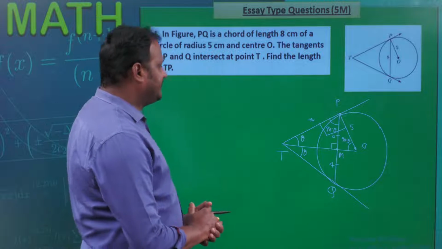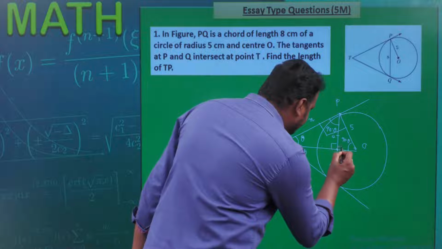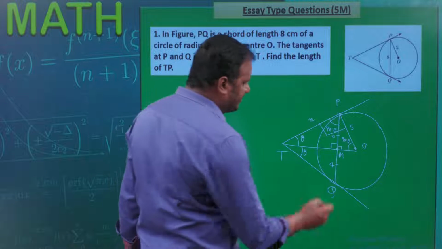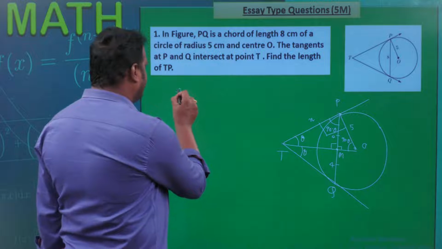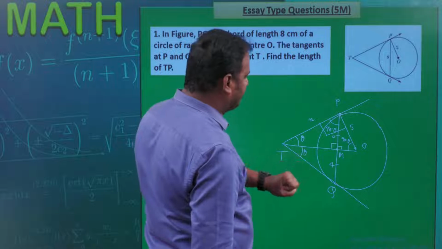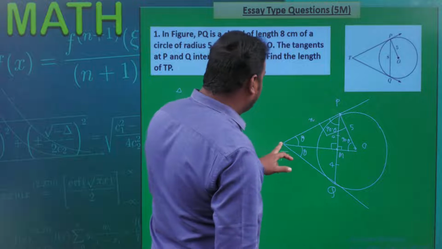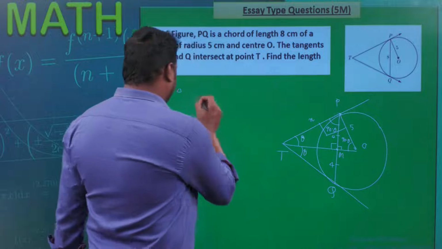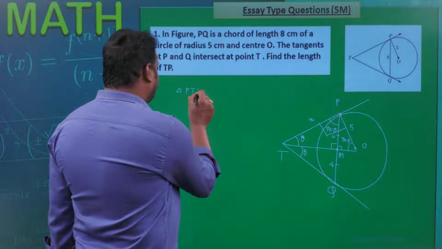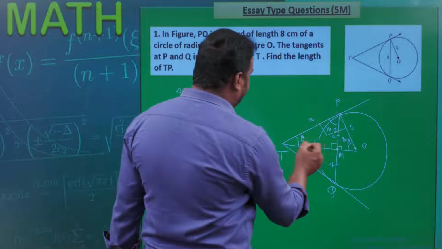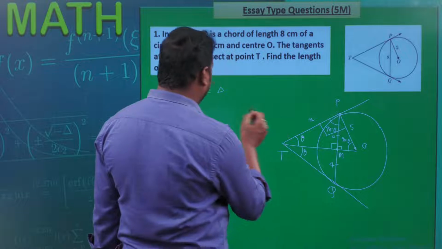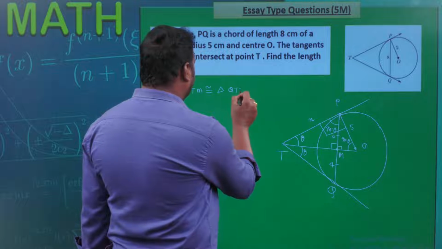And one more very important thing here, this is 90 degrees, right? First of all, I will just write everything here. Triangle PTM is congruent to triangle QTM.